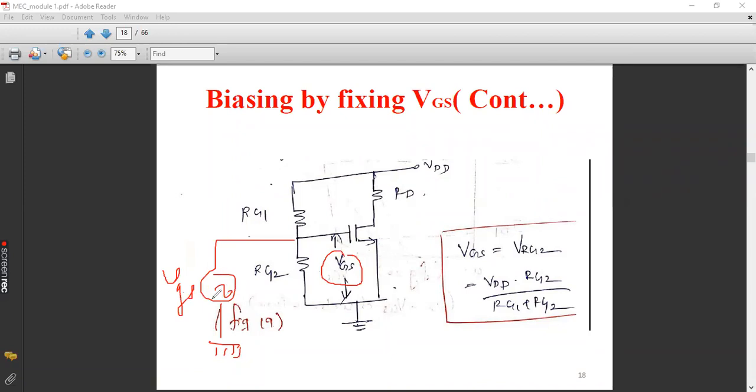And you can expect some variations or fluctuations in this input signal, because of which some fluctuations will happen in your drain current as well. Then your Q point will get disturbed, meaning it may switch from the saturation region to the triode region. As a result, faithful amplification will not take place for all the input signal levels.